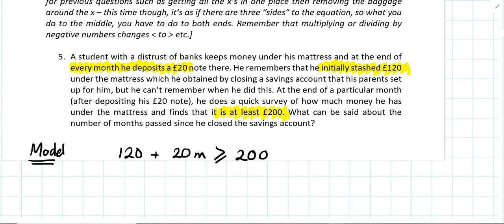And what's the unknown that we're solving? Well, it says what can be said about the number of months, so that's the unknown. Okay. So nice and simple, the inequality has been set up, and then we need to solve it.